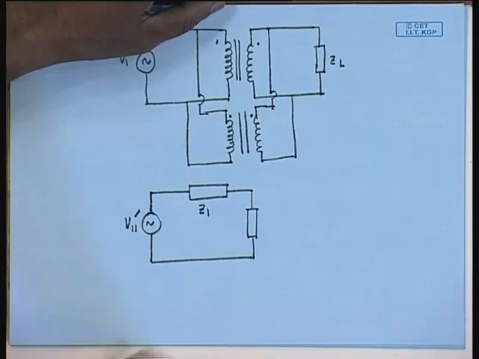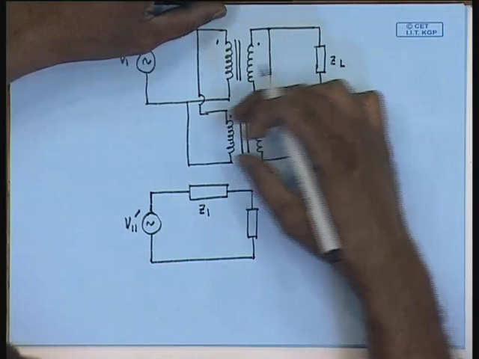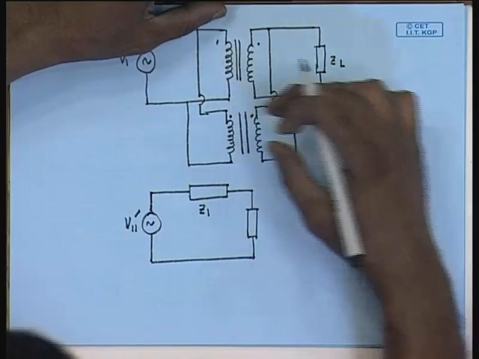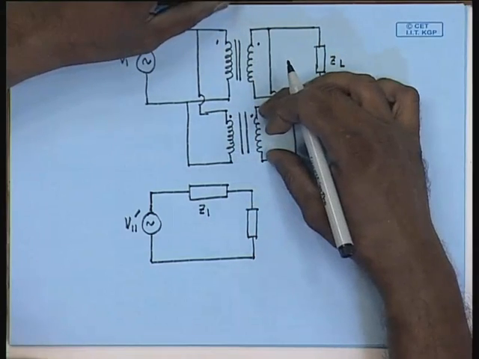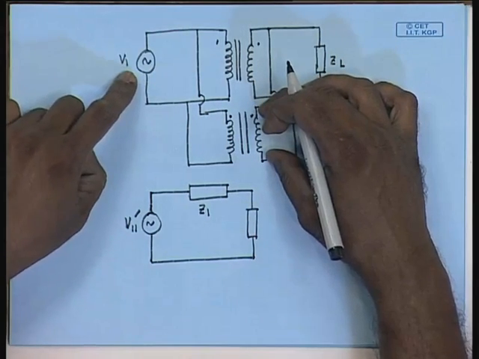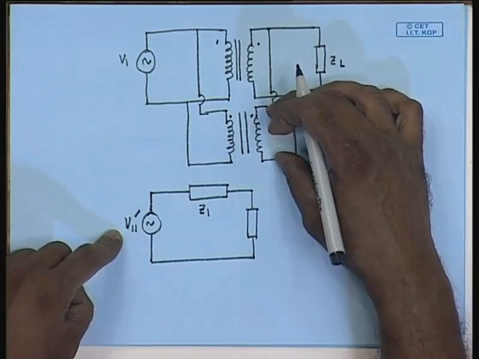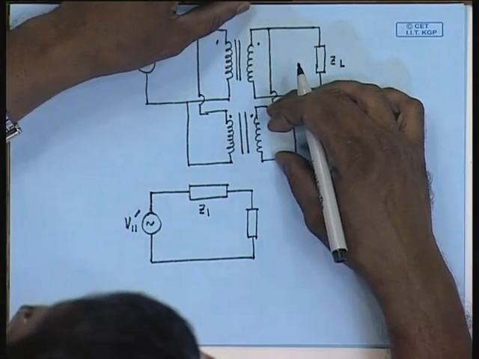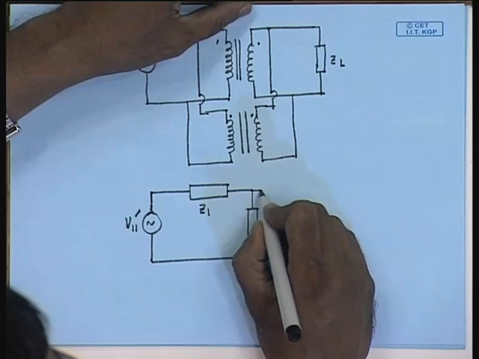Similarly, we can draw the equivalent circuit of the second transformer. Now, since their turns ratio is different, the applied source referred to the secondary side of the second transformer will not be V11 dash, but it will be some other voltage V12 dash, but they will be connected on the load side.